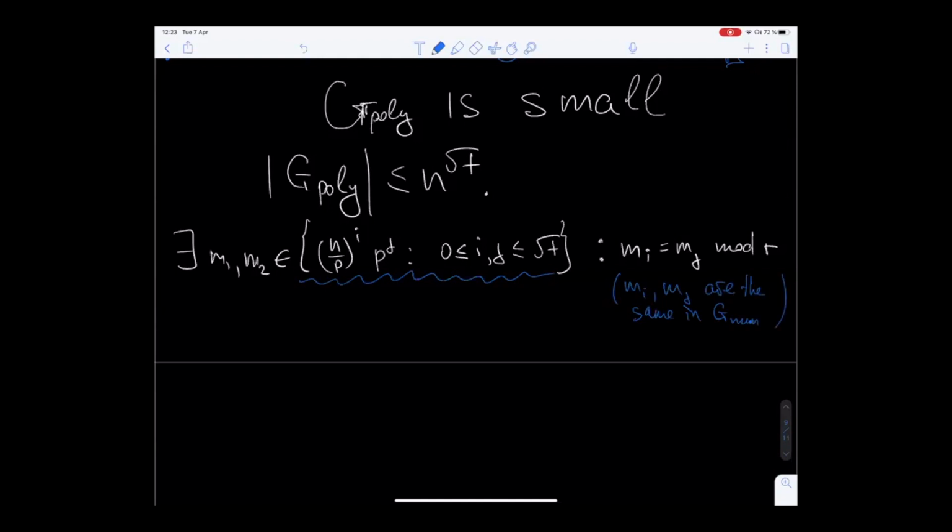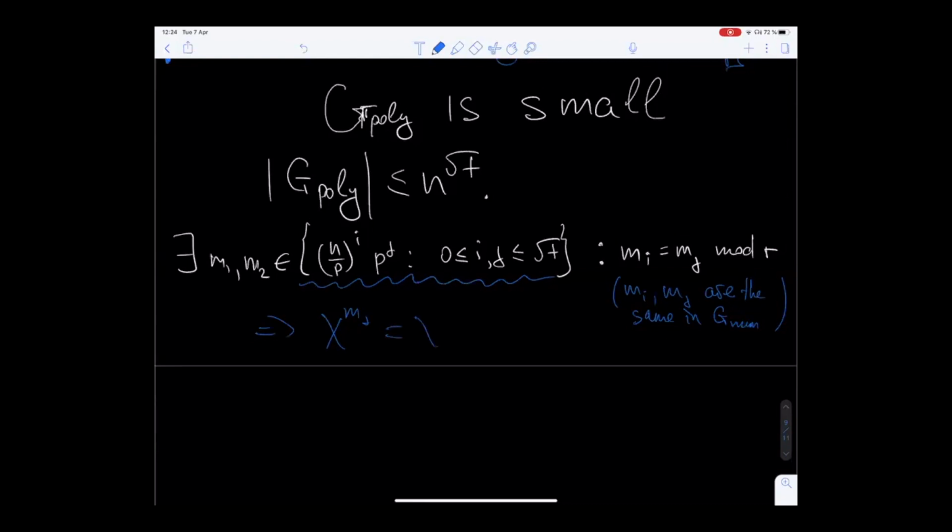Okay. Well, what do we get from here? We get from here that x to the m1 is equal to x to the m2 modulo x to the r minus 1.